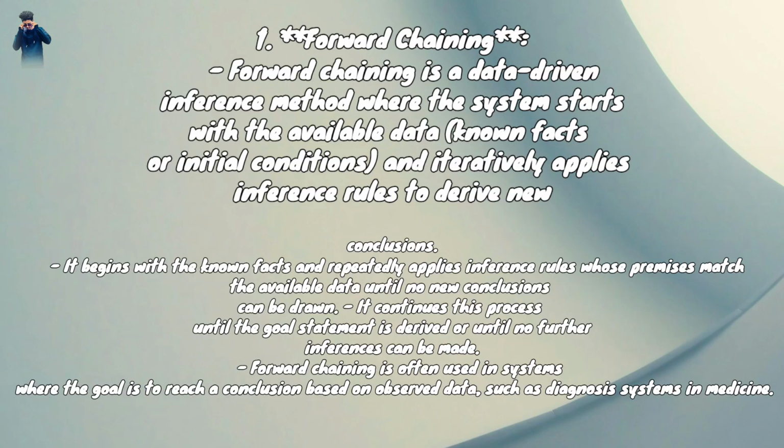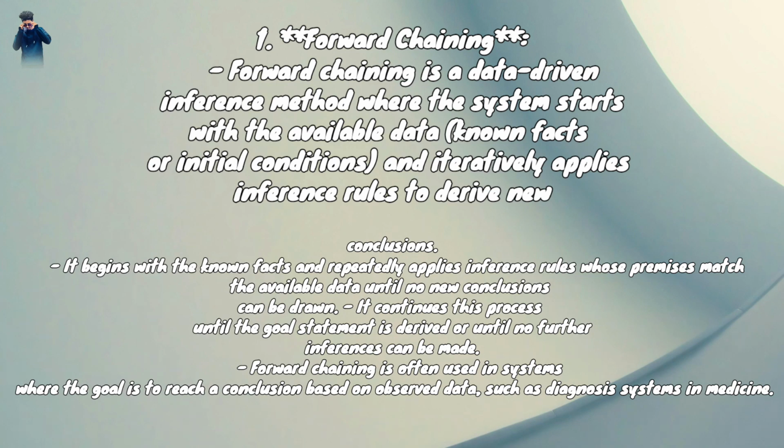1. Forward chaining. Forward chaining is a data-driven inference method where the system starts with the available data, known facts or initial conditions, and iteratively applies inference rules to derive new conclusions. It begins with the known facts and repeatedly applies inference rules whose premises match the available data until no new conclusions can be drawn.